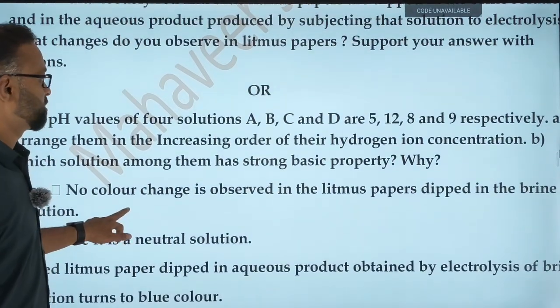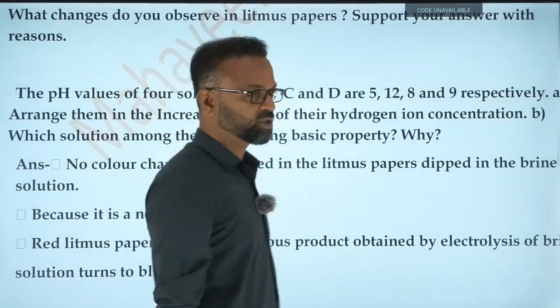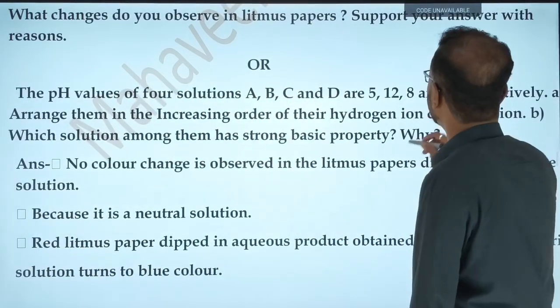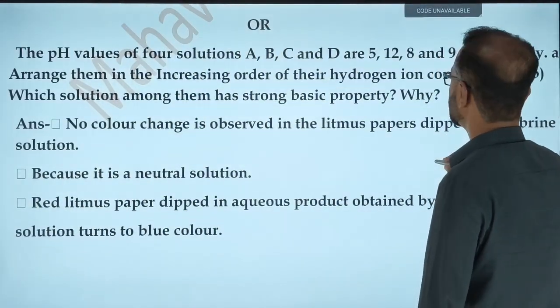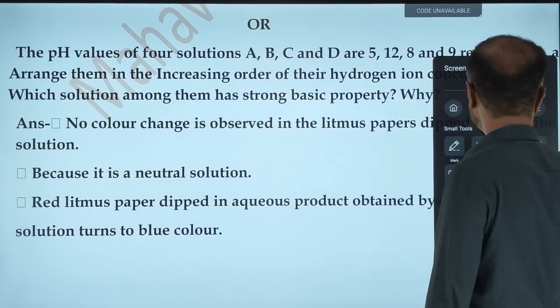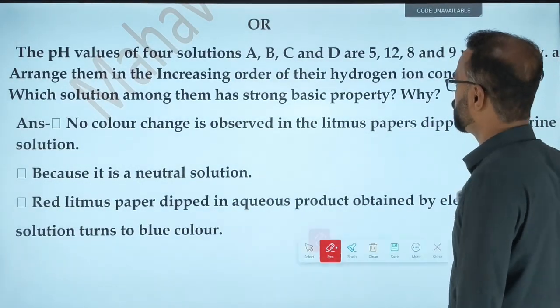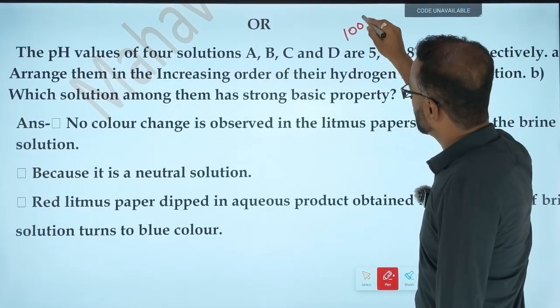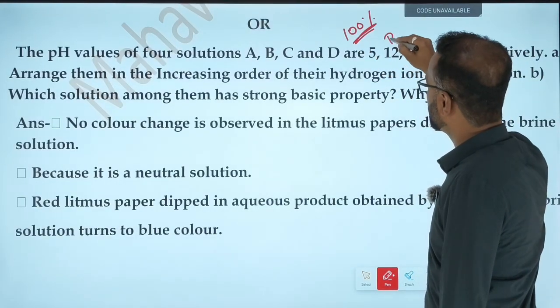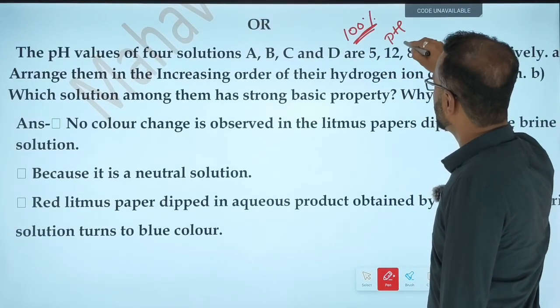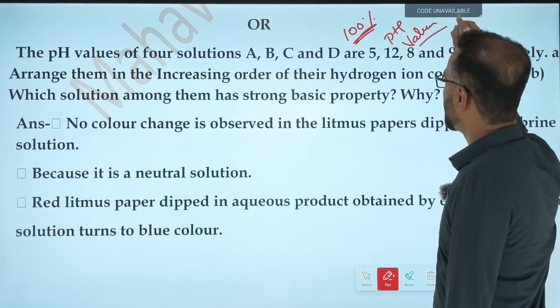One more question they will ask about the pH value. Again, I am telling you, this is also 100% sure, 100% sure that one question will come on the pH values.